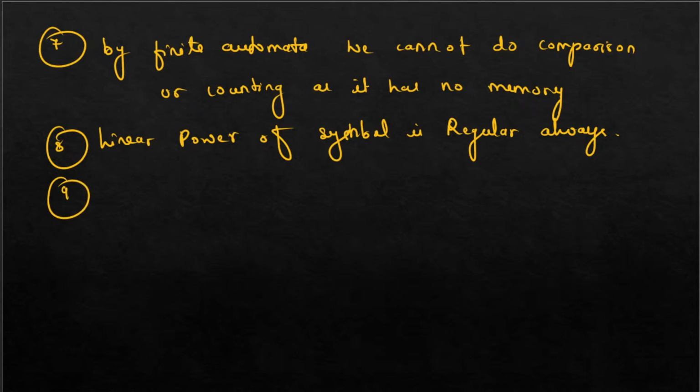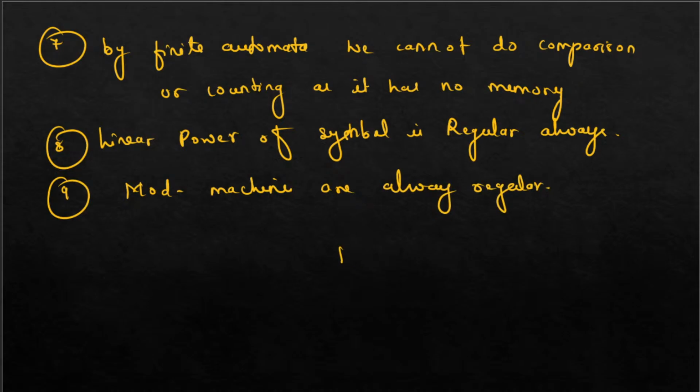Then ninth is, mod machines are always regular. What are mod machines? Mod 3 A, like this. So they are always regular because they have a finite number of states. So mod of 3, how many states will we have? 0, 1, 2. So this is definitely finite. Okay, so that is why they are always regular.